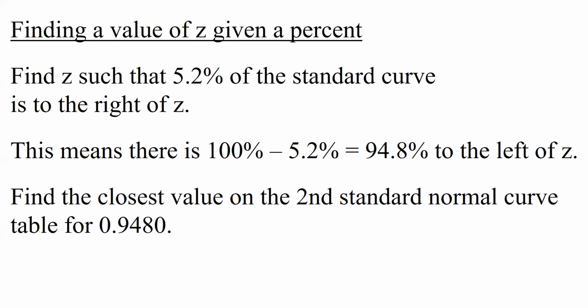Wait, sorry, that was a 95, not a 94. So yeah, I got 0.9484, that looks like the closest, and that is at 1.63. So there we go, 1.63. Careful you don't mix your numbers up like I did there.